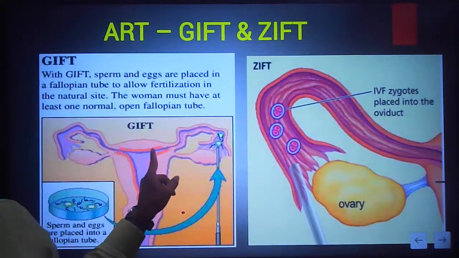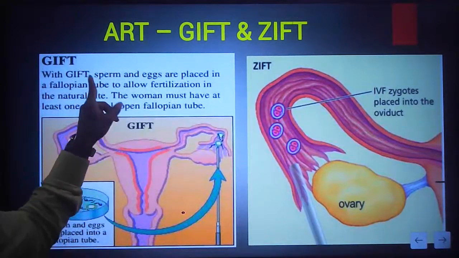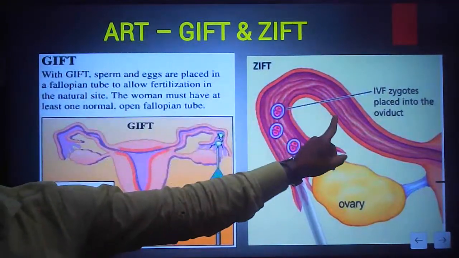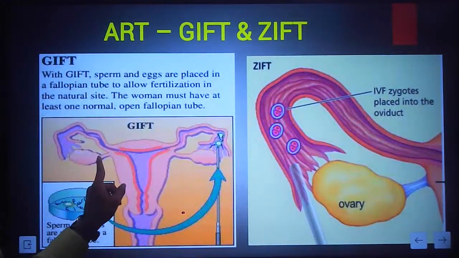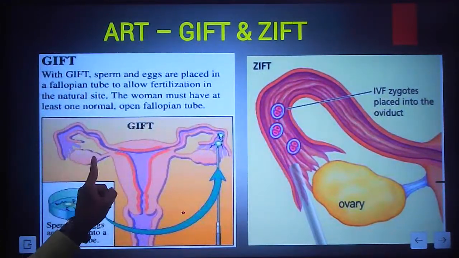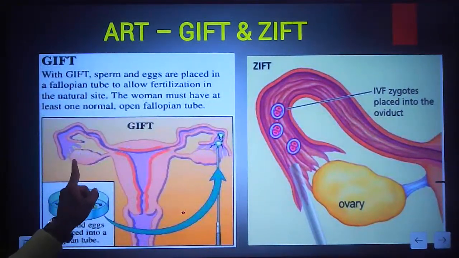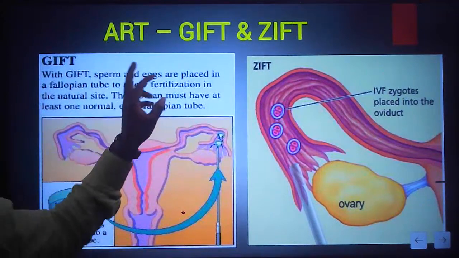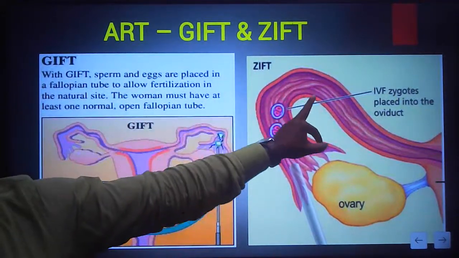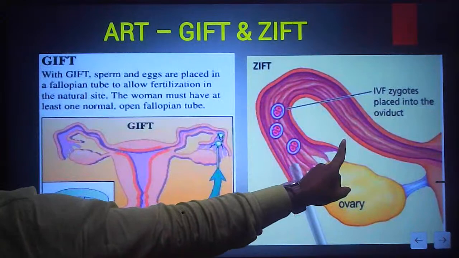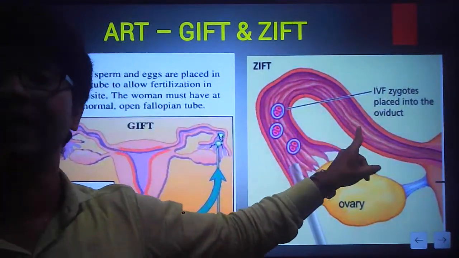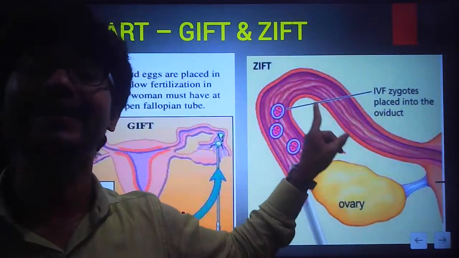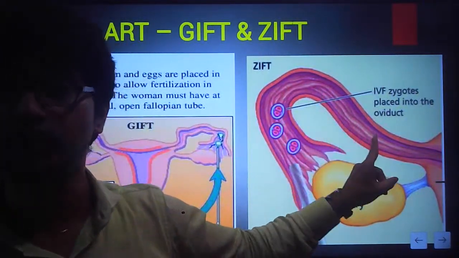You should be very careful here. The main difference between GIFT and ZIFT is that in gamete intra-fallopian transfer, fertilization is happening in the fallopian tube. But in zygote intra-fallopian transfer, the fertilization is not taking place in the fallopian tube. The fertilization is taking place in laboratory conditions, in the test tube.